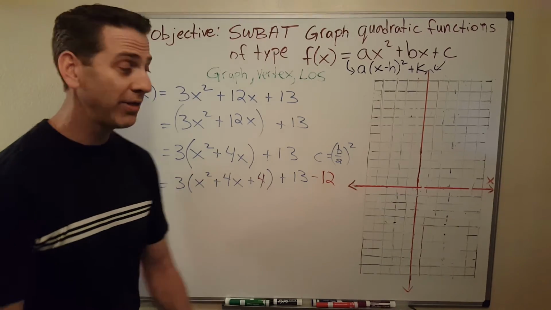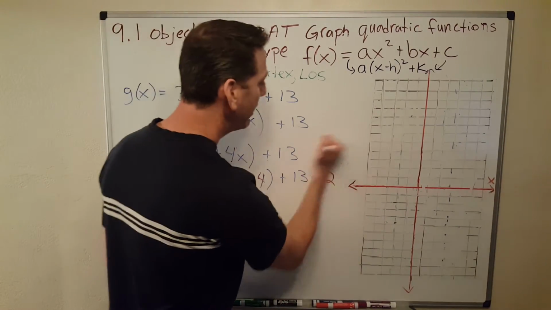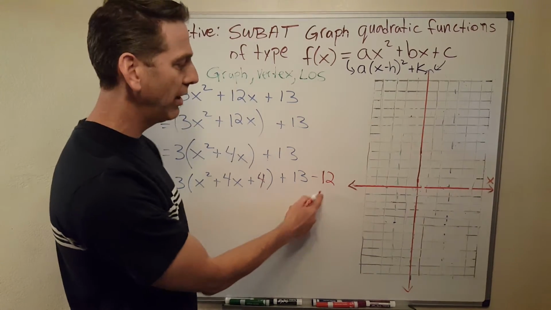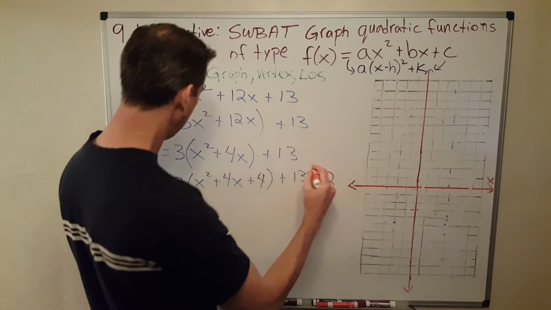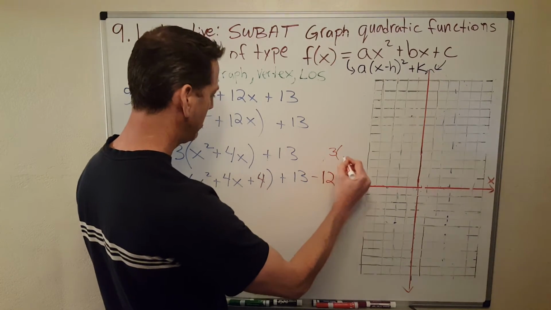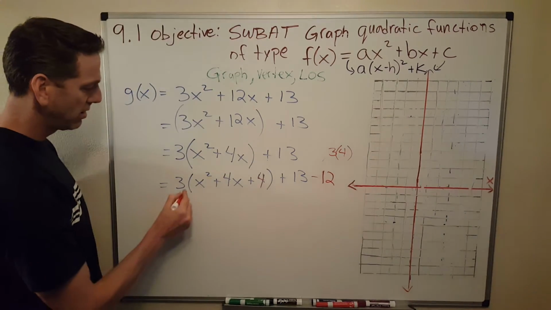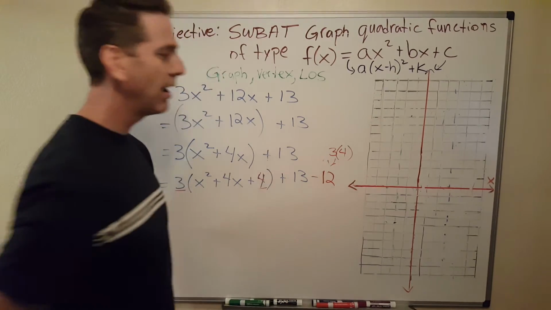Now, hopefully you caught that. I mean, if you want to, you can write it like this instead of writing it as just negative 12, because later on when you look at your notes, you'd be like, well, how did I get that 12? Well, put a little comment over here. Now that's 3 times 4, right? And just so you know how you got that.